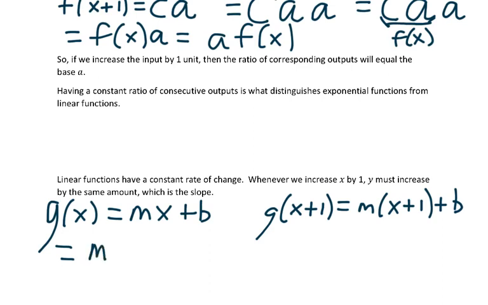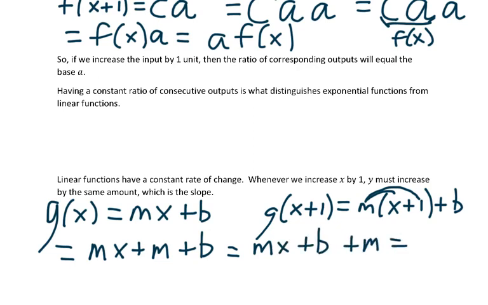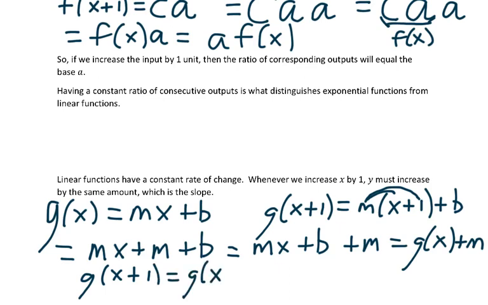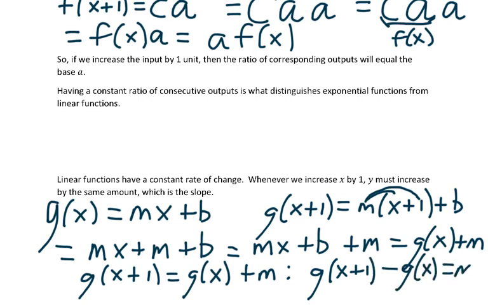And that is just m times x plus m plus b. Again, what we're doing is distributing. This is just m times x plus b plus m, and m times x plus b is just g of x. So what we just showed is g of x plus 1 equals g of x plus m. And so that tells us g of x plus 1 minus g of x equals m.